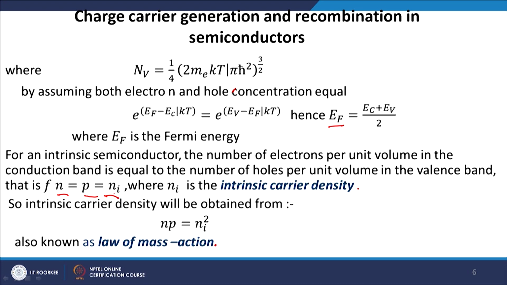So, ni is the intrinsic carrier density, that is equal to n is equal to p. Since there are both electrons and holes, we can write ni times ni, or ni square, is equal to n into p. So, np is equal to ni square. That is called the law of mass action, a very important law in the case of semiconductors.